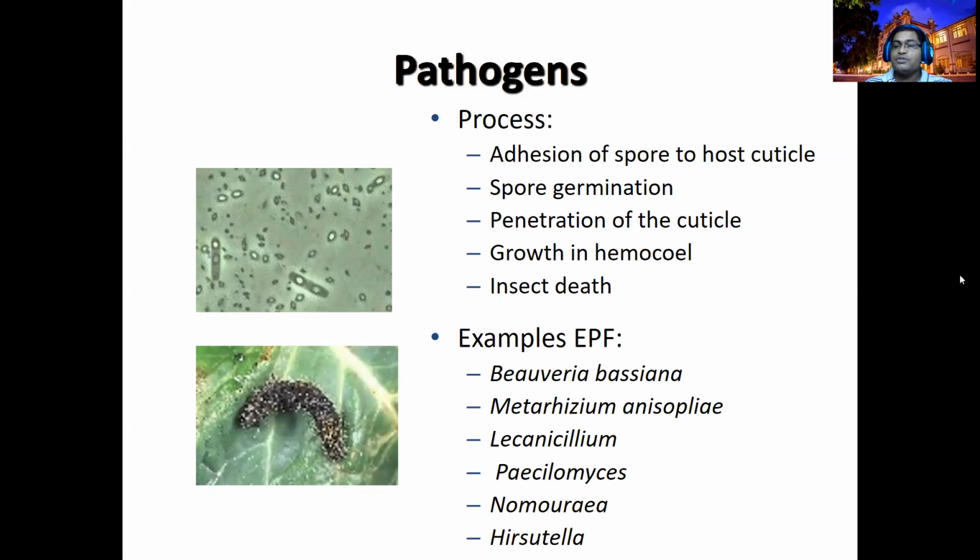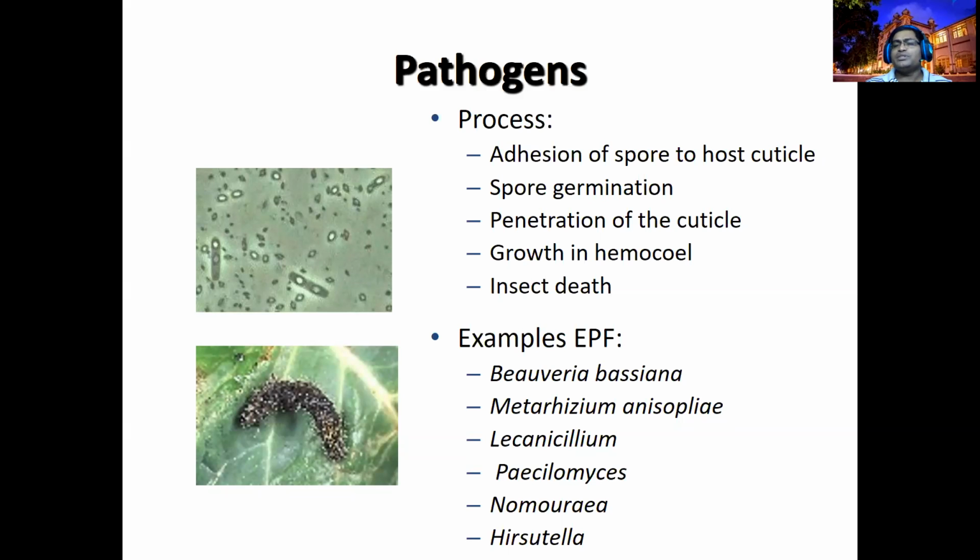Some of the entomopathogenic fungi have been reported and are popularly used for many agriculturally important pests. One such example is Beauveria bassiana. We call it white muscardine fungus, and the green one is green muscardine fungus. This is mainly used to control beetles, especially coleopterans, and caterpillars. Metarhizium anisopliae is also the same.